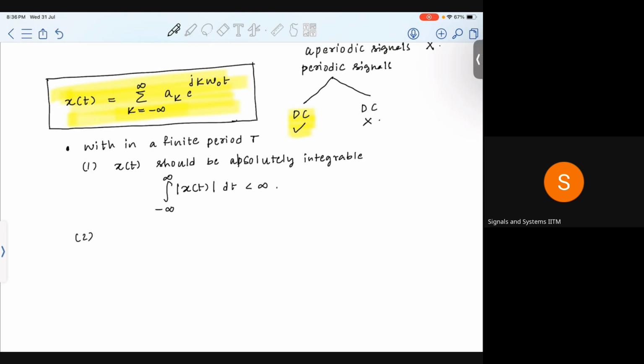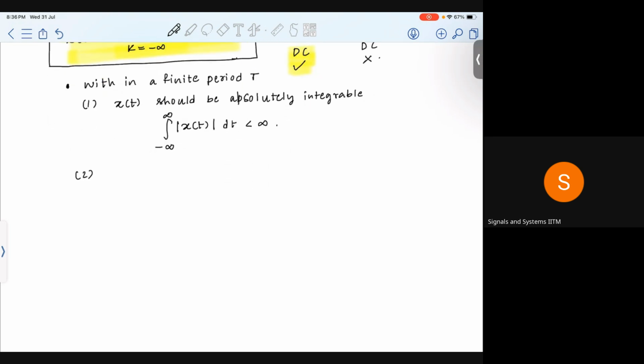The second condition is x of t within a finite period should have a finite number of maxima and minima.